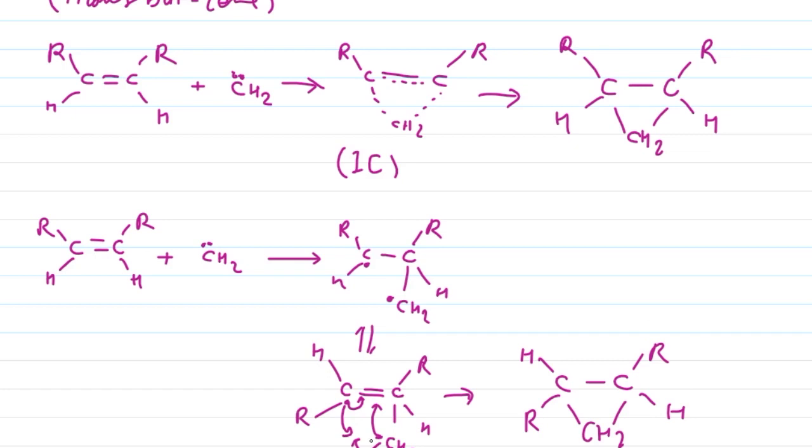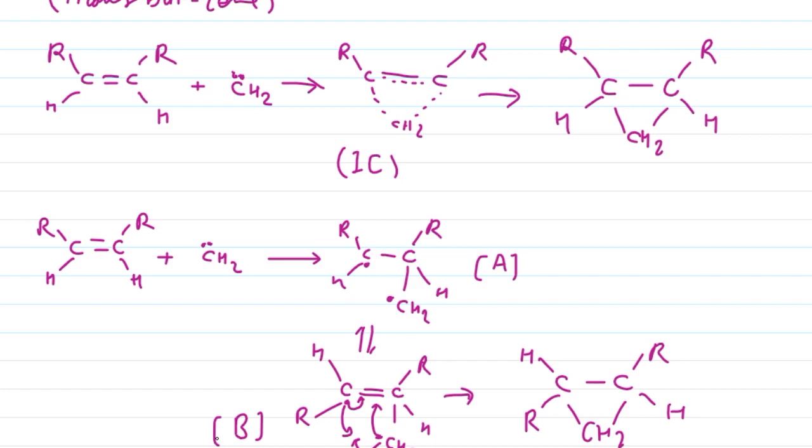In the triplet state A and B, this is A and this is B. In the triplet state A and B, the two electrons have parallel spin and methylene acts as a diradical.